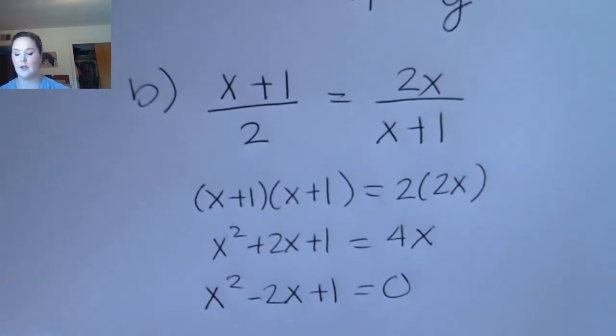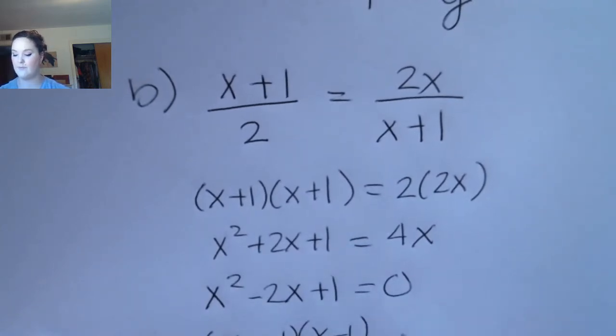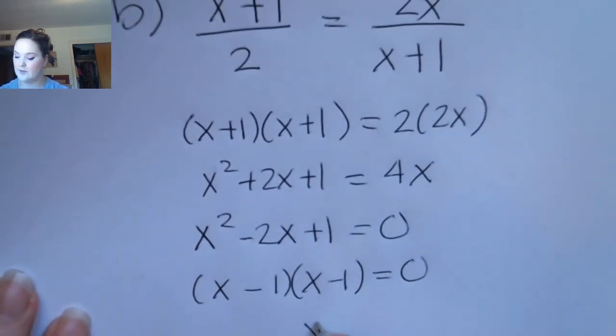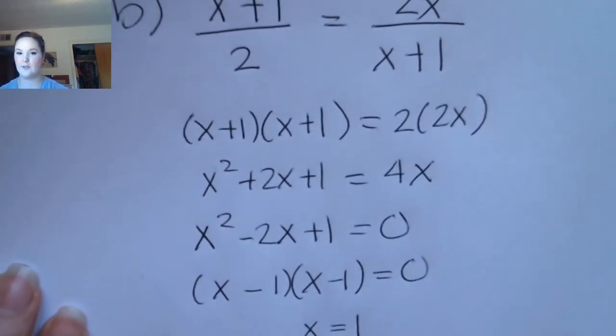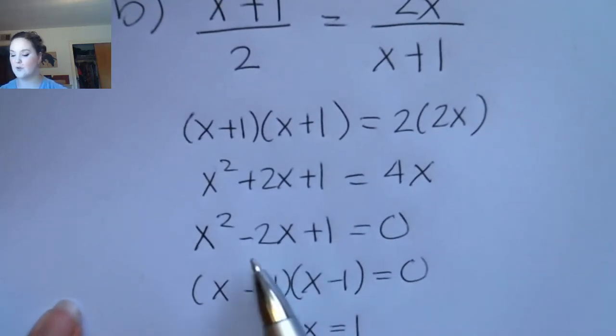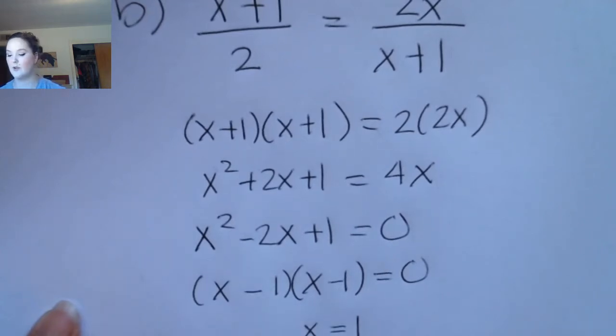Okay, and now we're going to try to factor this. Okay, factors like this, and this is going to give us our one solution, x equals 1. Okay, it's called a repeated solution because it comes from each of these two factors, but you still are only going to get one solution here.